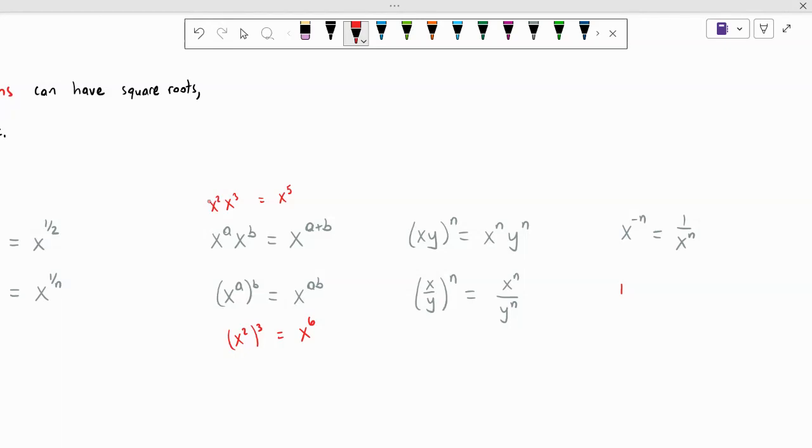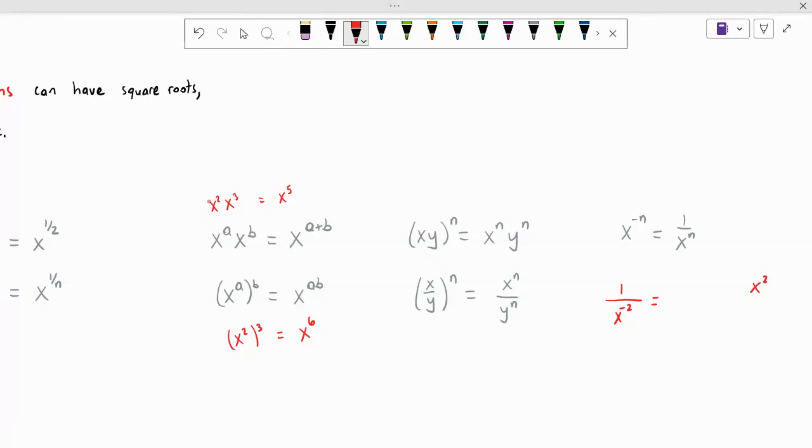And then I feel like this doesn't happen too often, but if you did have a negative exponent in the denominator, then you can actually move it up into the numerator with a positive exponent. So 1 over x to the minus 2, that's just the same as x squared.